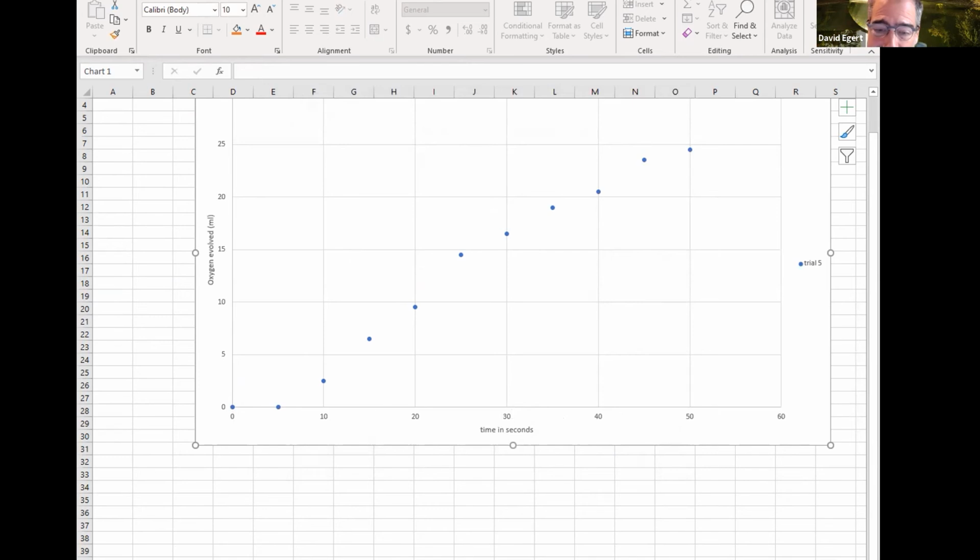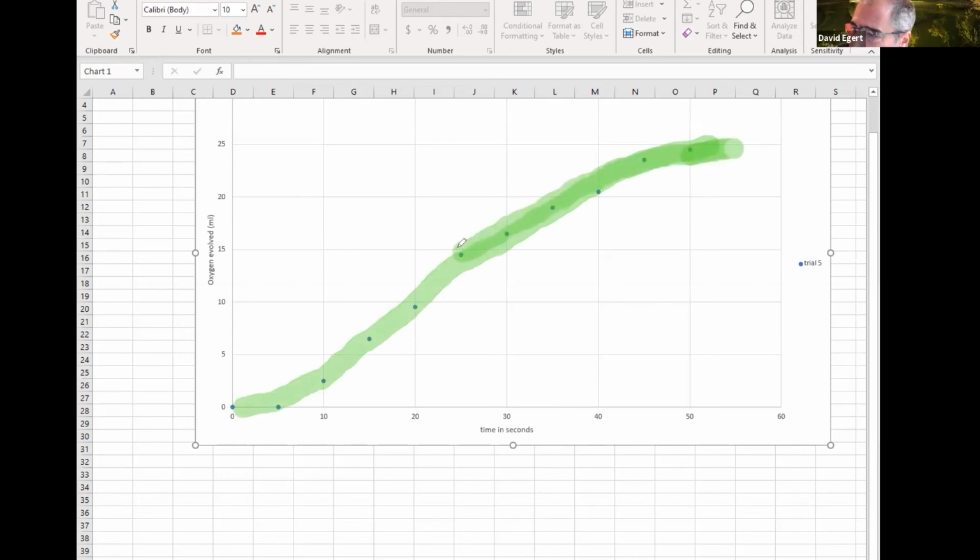What I find is sometimes, and it's not necessarily a classic way to do it, but I find it useful, I try to draw a broad line through the dots. There's a lot of wiggle up and down because those bubbles are weird, right? Sometimes the bubble is still coming up when you're ready to read it, or glommed on.